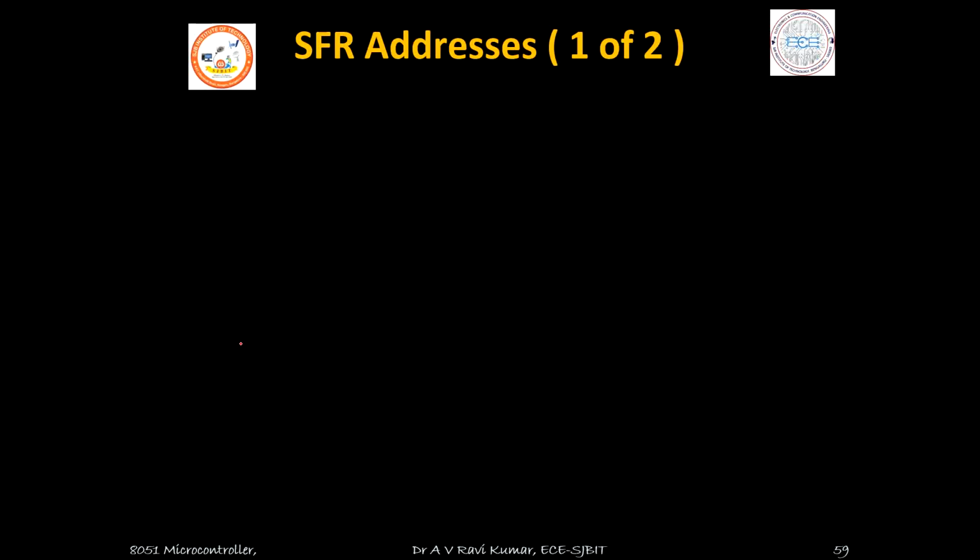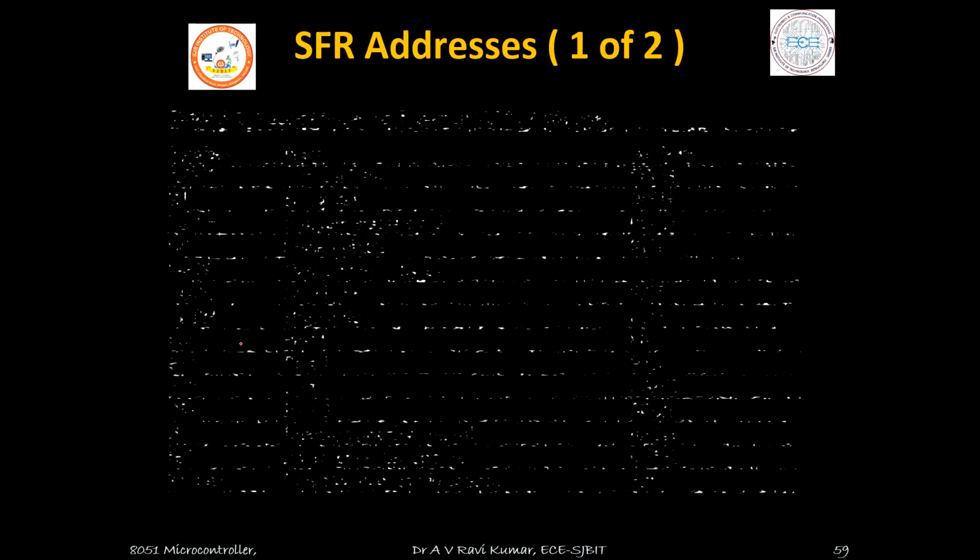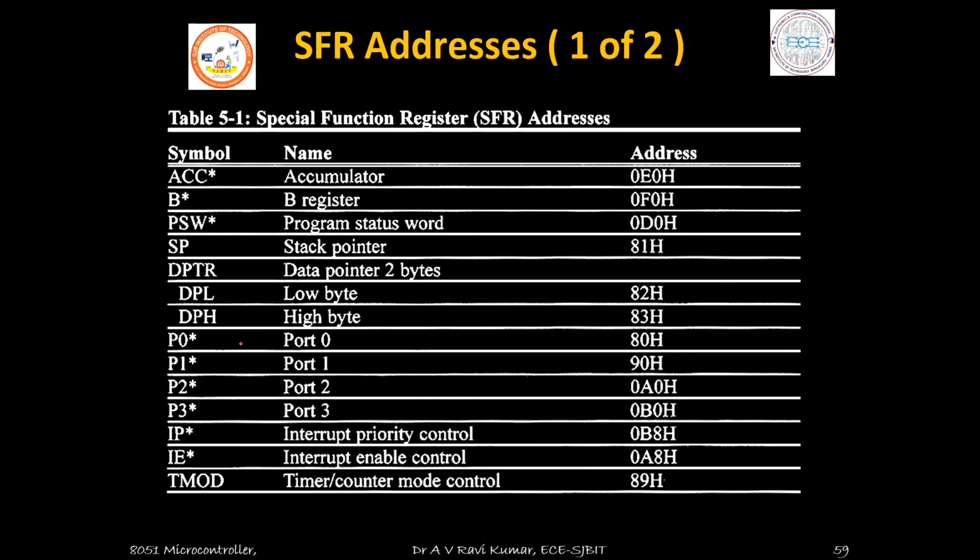We'll see some of the SFR addresses, as already discussed in the register section in the first module. Here we have some special function registers. The accumulator is bit addressable, and its address is E0. The B register is bit addressable, and the program status word is bit addressable, at D0.